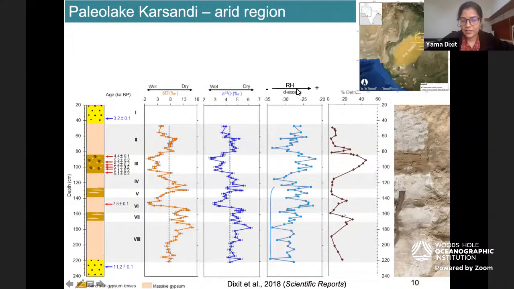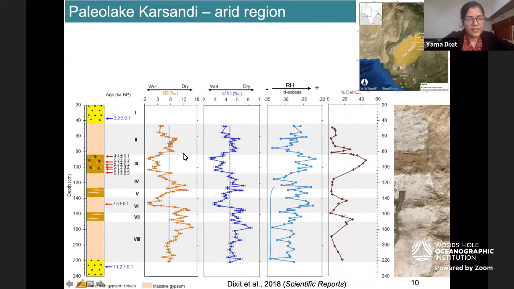And d-excess is a derived parameter from the oxygen isotopes and delta D, and it would reflect the relative humidities at which the evaporation was taking place. Then I also calculated percent detrital, because I knew how much carbonate and how much gypsum was in the section. Other than these two minerals, it would all be detrital, quartz and other minerals coming in from runoff.